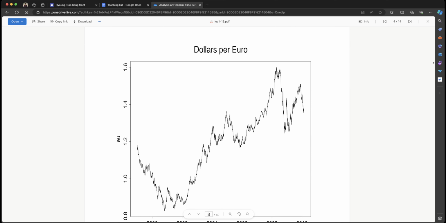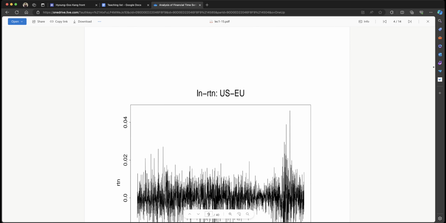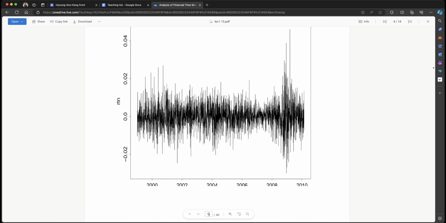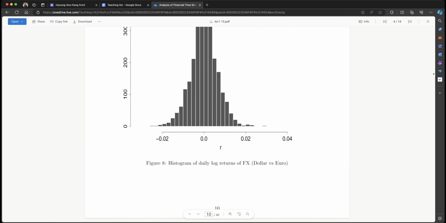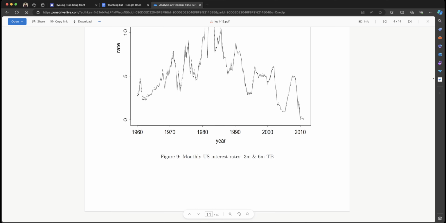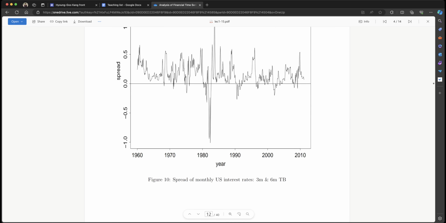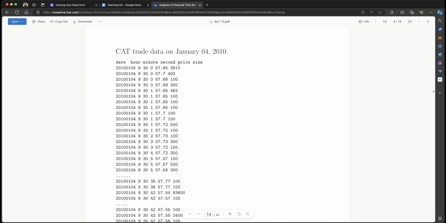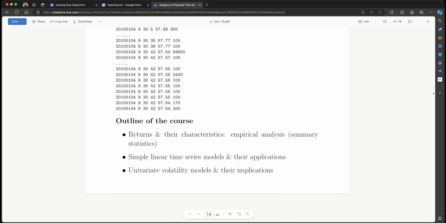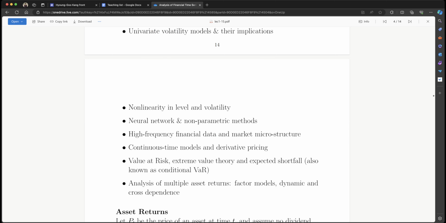And then dollar per euro, the US and EU exchange rate, and then log return. So we have a lot of data like this. Spread of the monthly US interest rate, and something like that. Okay, we can skip. So this is data. Yeah, so the outline of the course, we can skip this part.